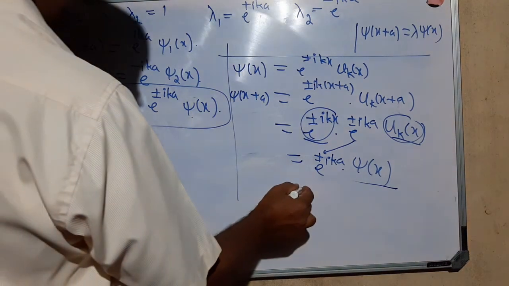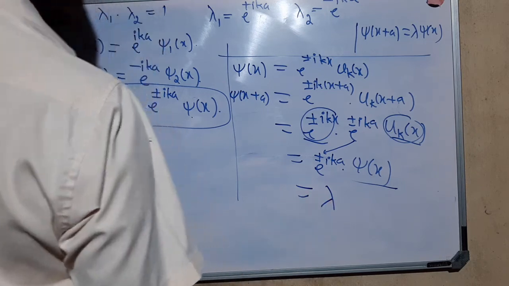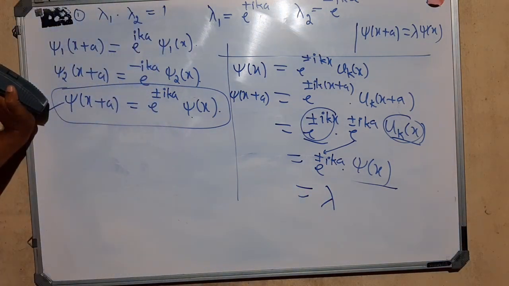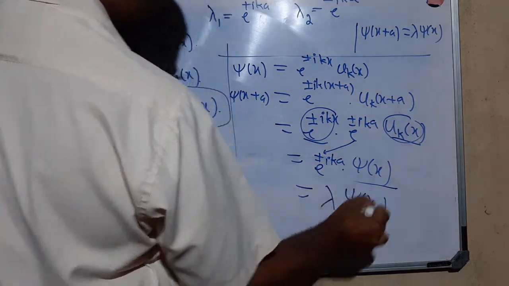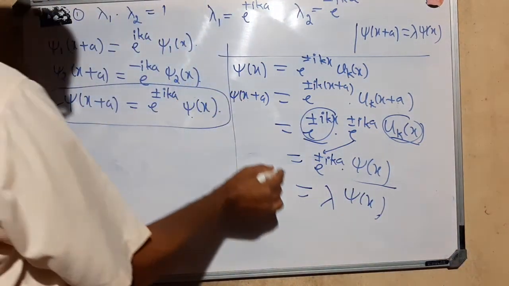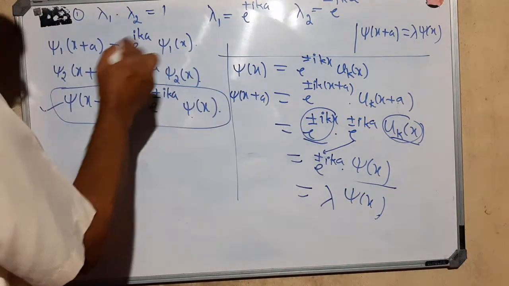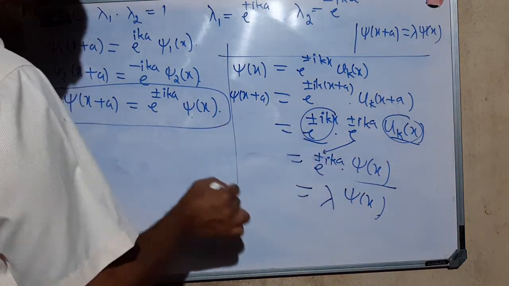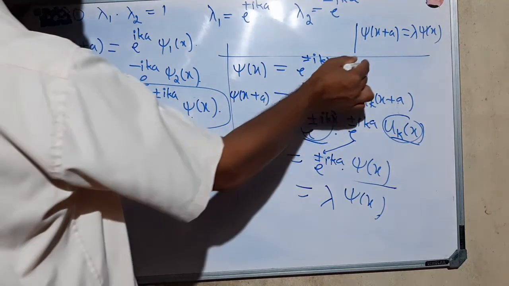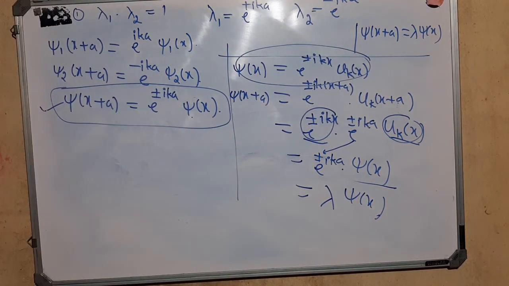So what is this plus or minus e to the power ika? This is nothing but lambda. So ξ of x plus a is equal to lambda into ξ of x. That is what we started our discussion with, right? Same result we are obtaining using the Bloch statement. Therefore the Bloch theorem is true.